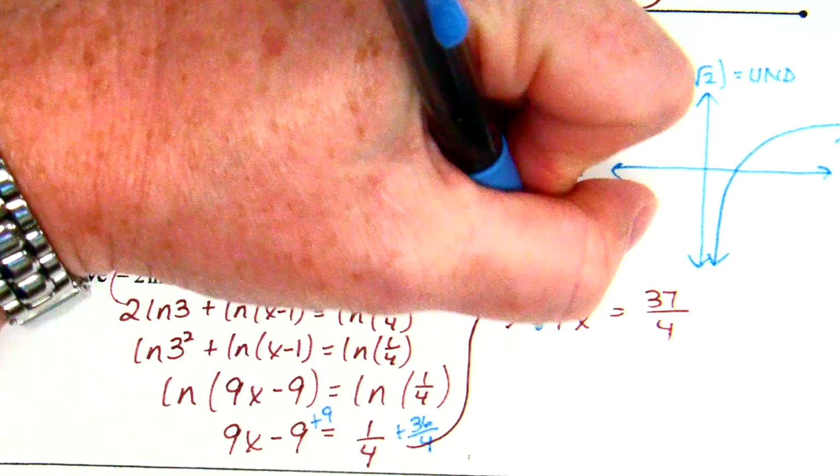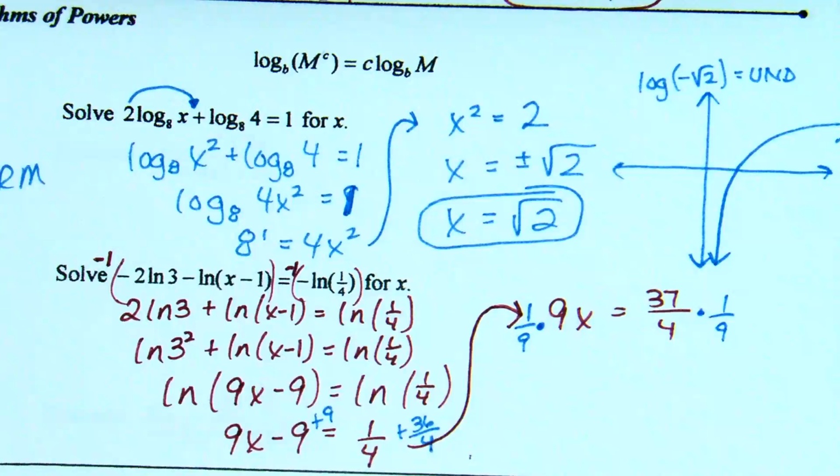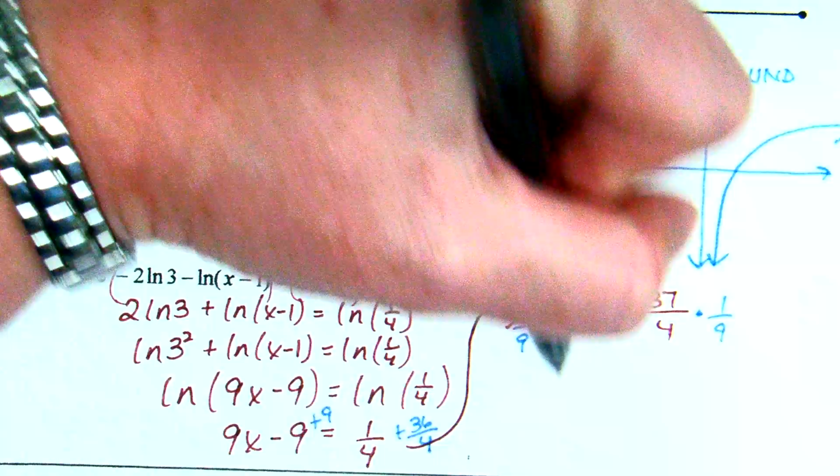Multiplying by 1 over 9 is better, because that's going to make it easier on the other side with the fractions. So we end up with x being 37 over 36.